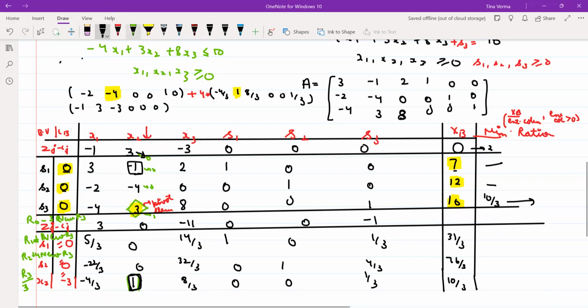You have to make this element 0 with the help of this same row. So you have to multiply it by -3, and then it will become 0. So if you do that, this entry will become 0 minus, that is -10.